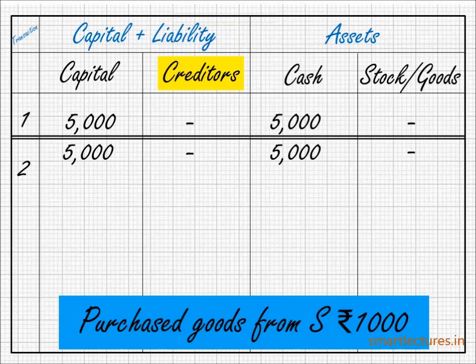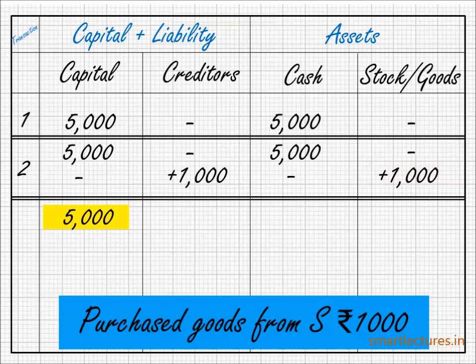There will be one item in the creditors column that is plus 1,000. No effect on cash, but we have increased the stock by rupees 1,000. So plus 1,000 in the column of stock. So the new equation is capital 5,000, creditors 1,000, cash 5,000, stock 1,000. So in this way, we have created liability.